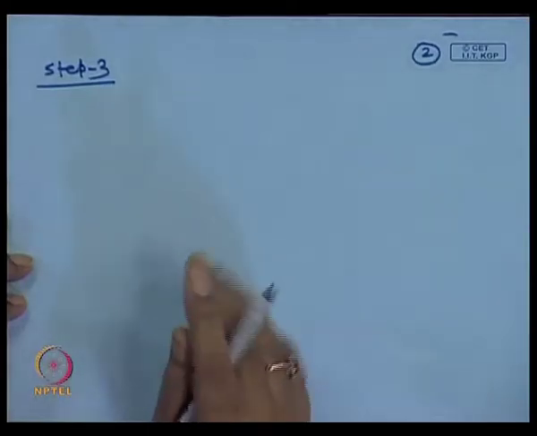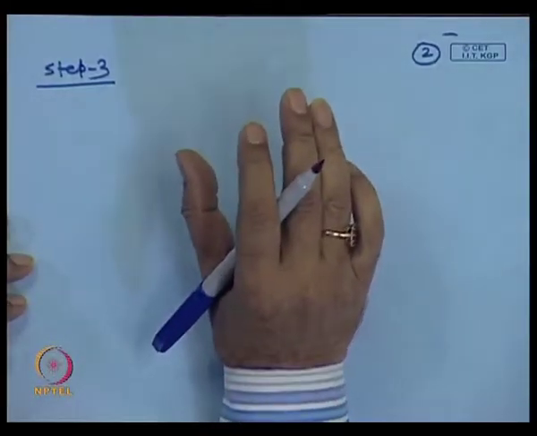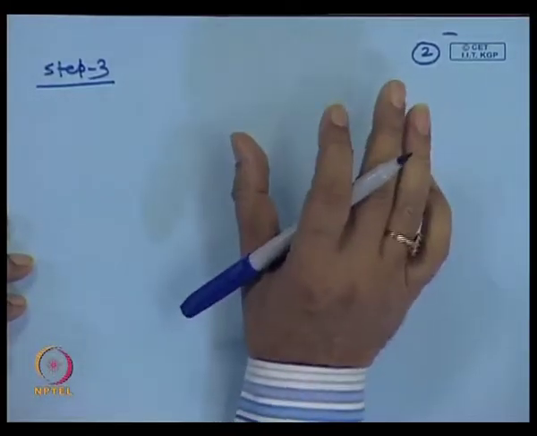So, in step 2, the Hamiltonian matrix is converted into a reduced Schur form. The dimension of a Hamiltonian matrix is 2n cross 2n, where n is the order of the system. This matrix contains a set of eigenvalues in the left half of the S plane and a set in the right half of the S plane.